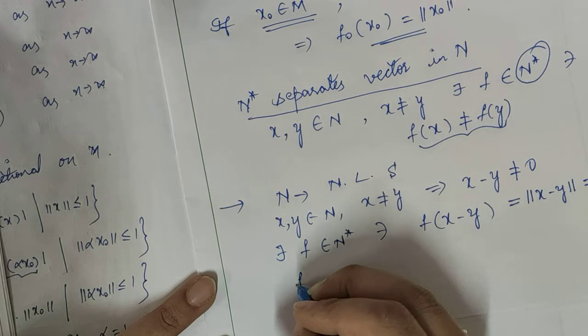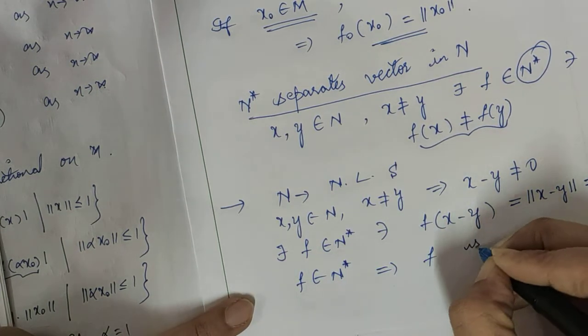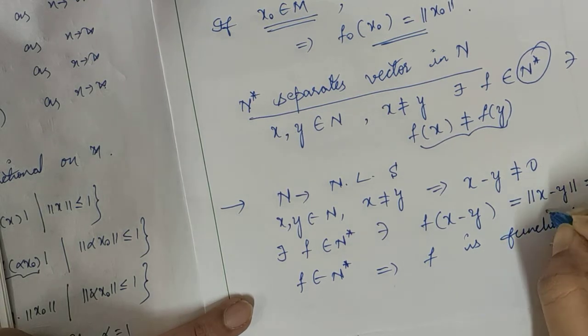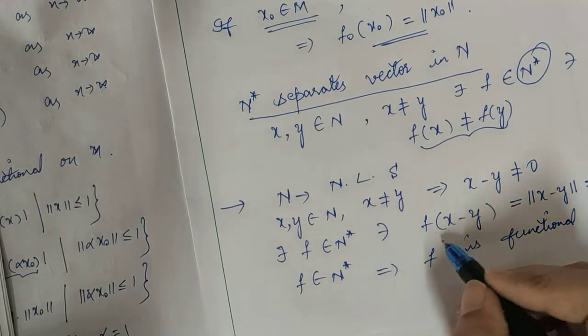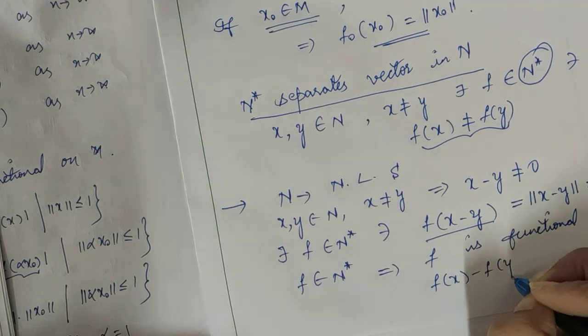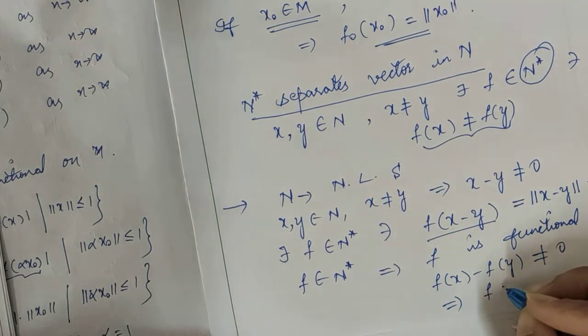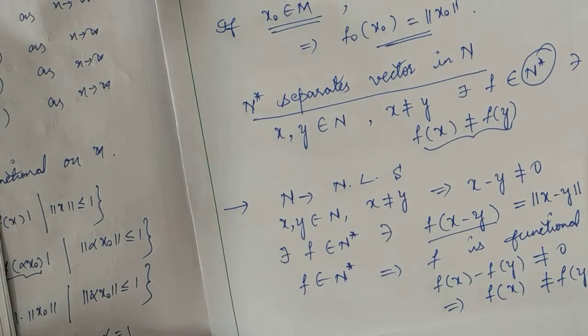Since they have given f belongs to N star, this means f is a functional, and a functional holds two properties: linearity and continuity. So I can write this as f of x minus f of y is not equal to 0. Obviously this implies that f of x is not equal to f of y.